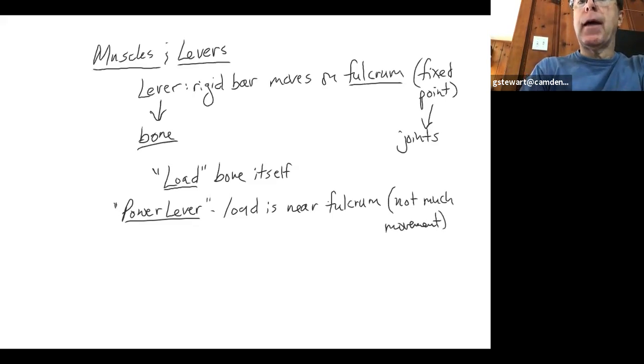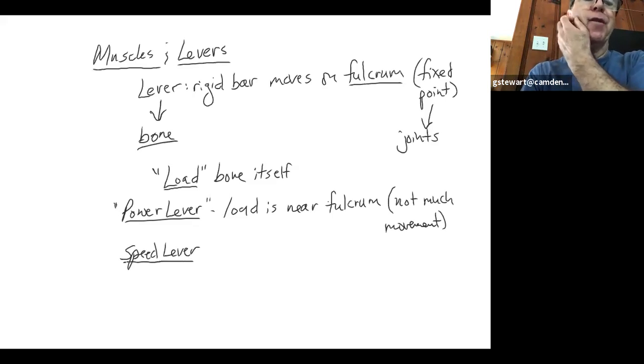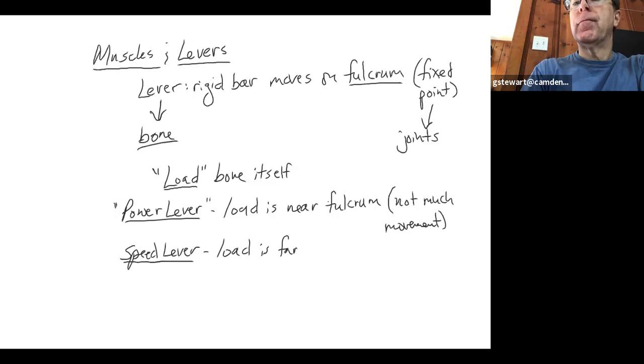A speed lever does not have mechanical advantage. It has mechanical disadvantage, and the load is far from the fulcrum. And it has fast and a lot of movement.